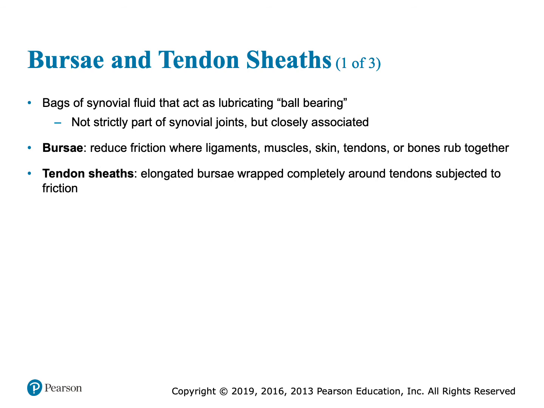And then a tendon sheath is the same thing as a bursa, but it's more long, and it actually ends up being this total wrap around a tendon to reduce friction. So a tendon sheath is more elongated and complete.